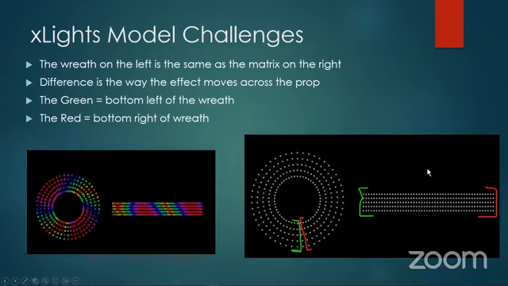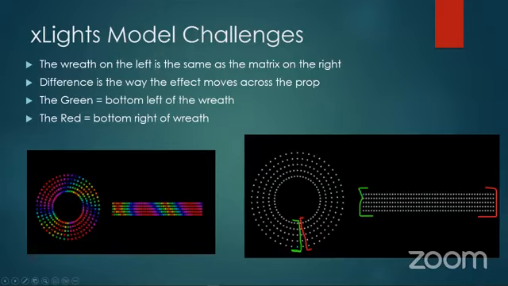And this is the center of the matrix here, the top center of this wreath. So this is actually the left side of the matrix, and this is the right side of the matrix, and they're bent in a circle in order to fit together. And basically what xLights is doing is it's rendering this effect into this circle pattern.